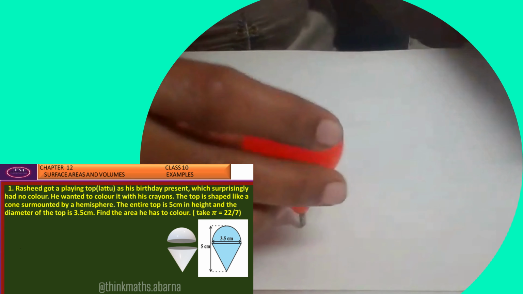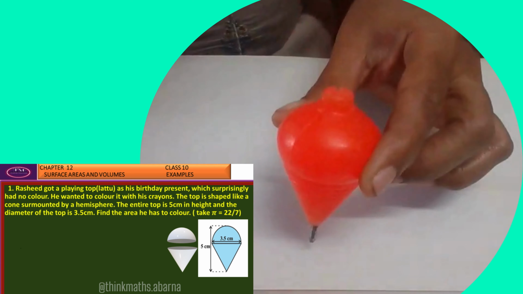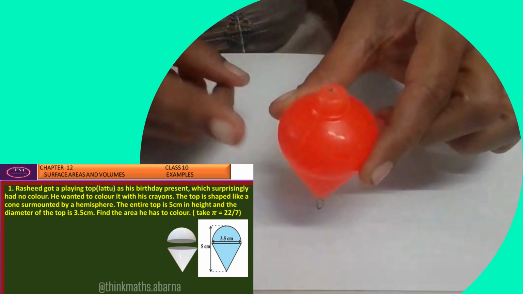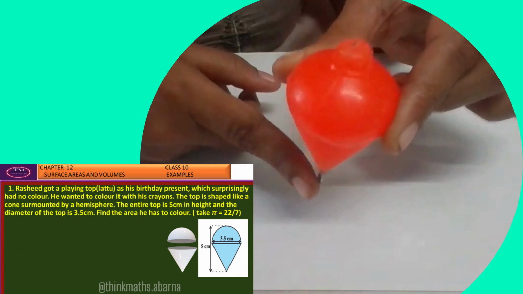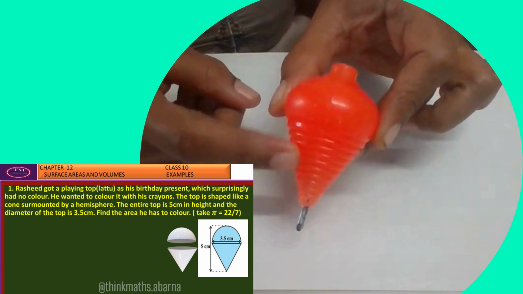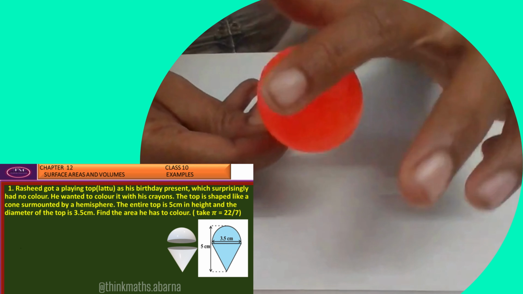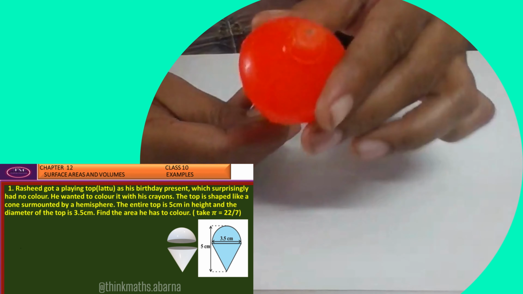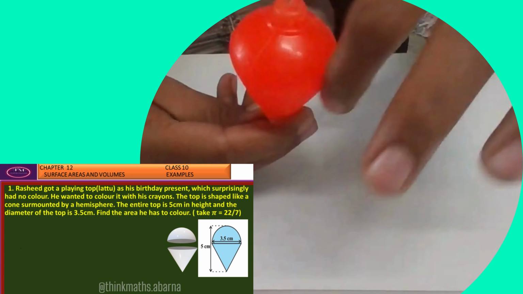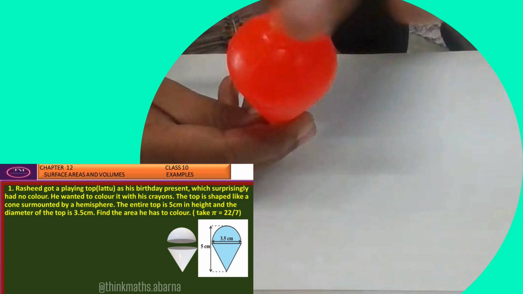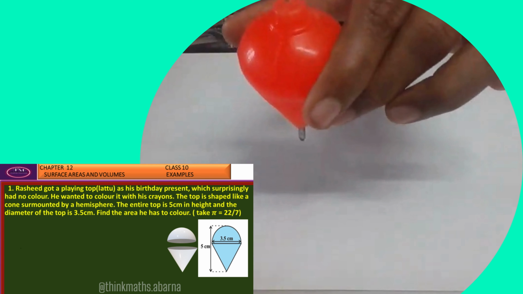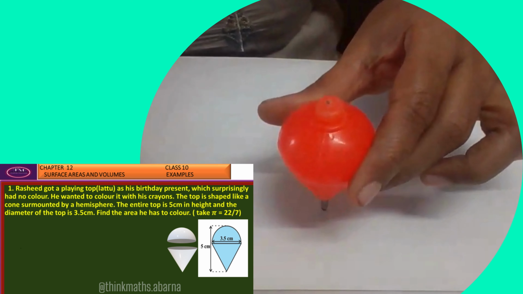So here, what is given? This is transformed into a toy latu. You can see the cone shape at the base and the hemisphere shape on top. There is a circular shape here, and this diameter is given as 3.5 centimeter.